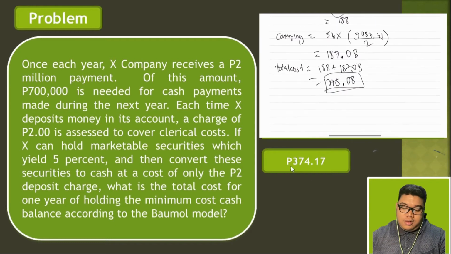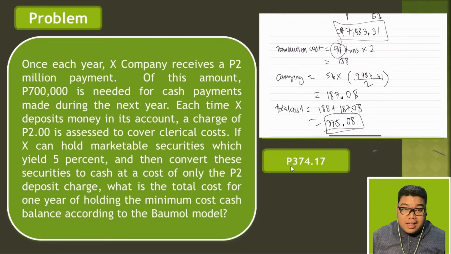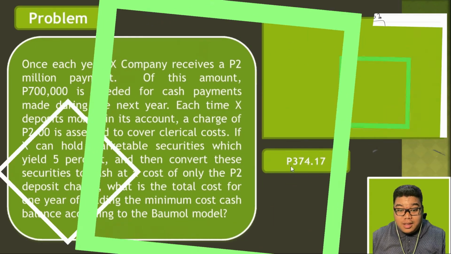Okay? So the thing is, in using the optimum cash balance using the Baumol model, the transaction cost and carrying cost would be close to equal. Actually, ideally, they should be equal if the amounts are in whole numbers.